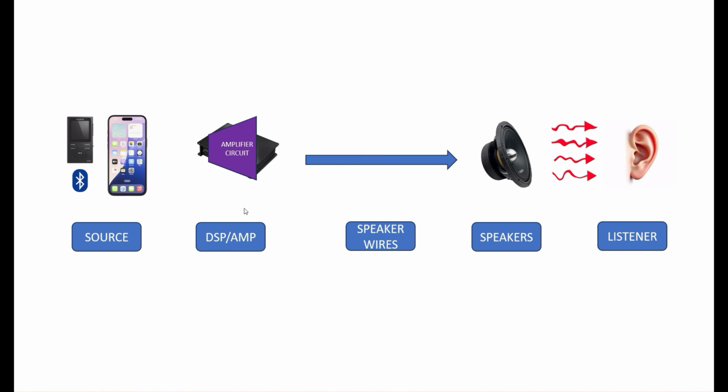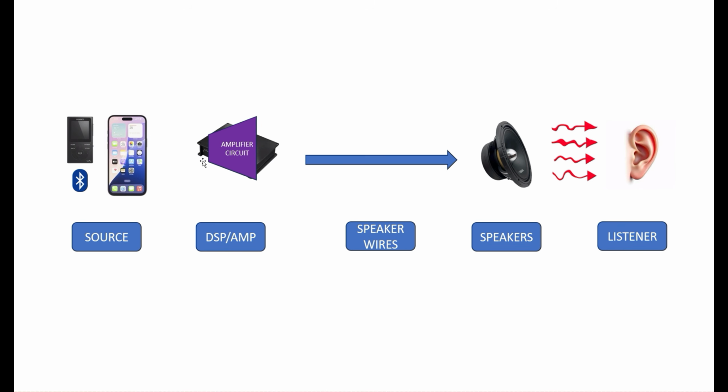But once again, the amplified signal is sent out to the speakers as a speaker level signal via the speaker wires, and moves the speaker cone in and out, and plays music. And just like the head unit example, the amp in the DSP amp unit is not as powerful as a dedicated standalone amplifier, right?